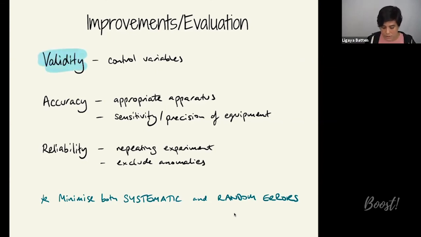Validity, which is to do with what you might think of more easily as, is it a fair test? Validity is to do with whether your method is actually giving you valid results, which means comparable results. And the main way to make sure you're doing this is to make sure that you've got control variables, or variables that you're controlling, i.e. they're not changing. You're only changing the variable that you want to be changing.